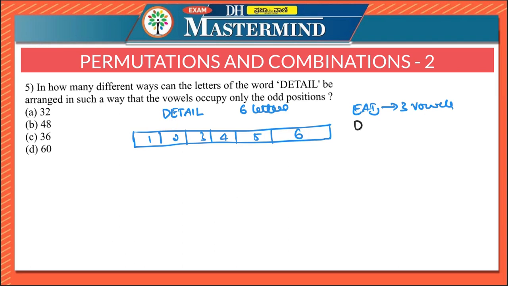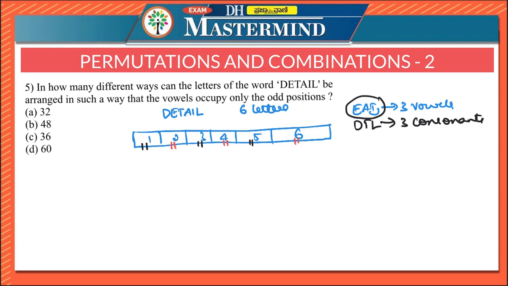They are D, T, L. So these are the 3 consonants here. The condition is that the vowels should occupy only odd positions. That means this combination EAI should occupy 1st, 3rd or 5th position, while DTL should occupy only even positions. In other words, it should occupy 2, 4, 6.